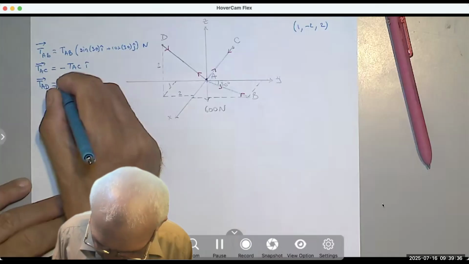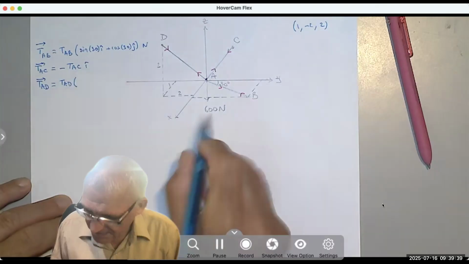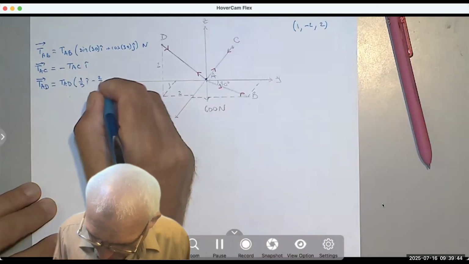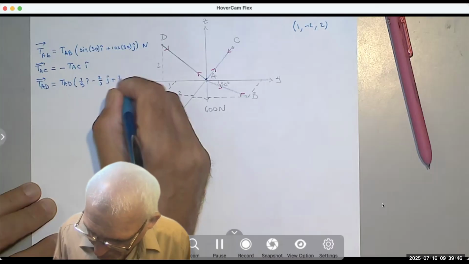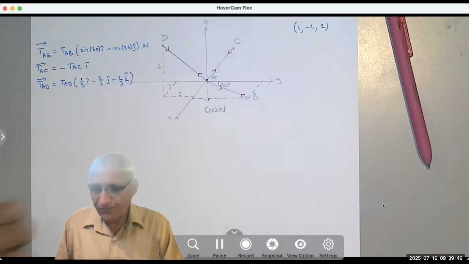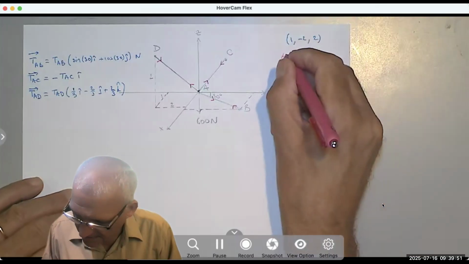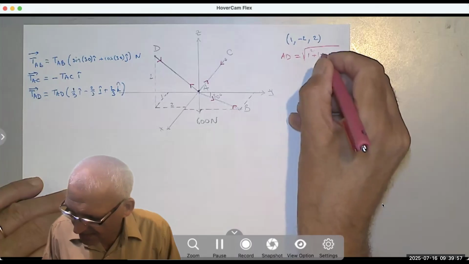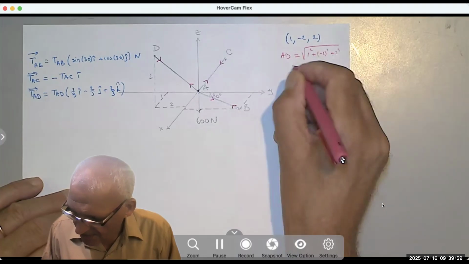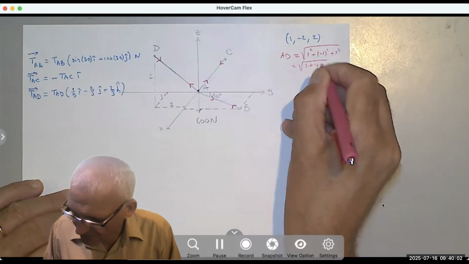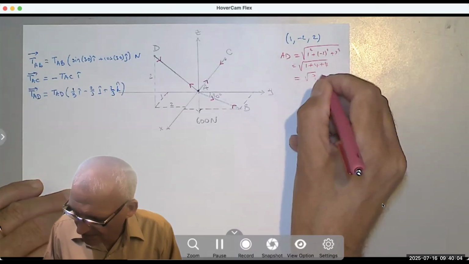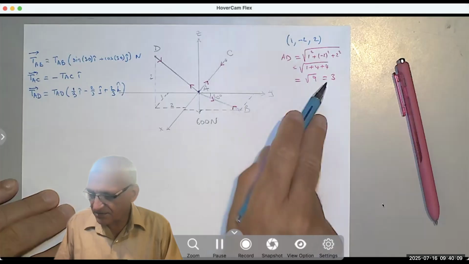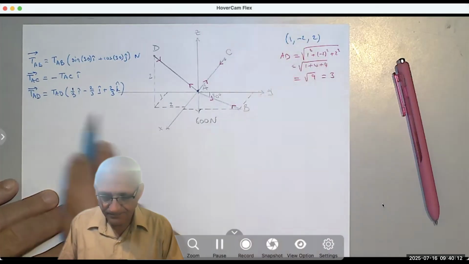So I can say it's TAD times 1/3 i minus 2/3 j plus 2/3 k. Of course, you can say that AD as a magnitude equals the square root of 1 squared plus -2 squared plus 2 squared, equals square root of 1 plus 4 plus 4, equals root of 9, equals 3. So the unit vector is 1/3, -2/3, 2/3.